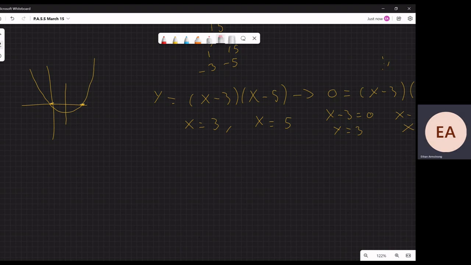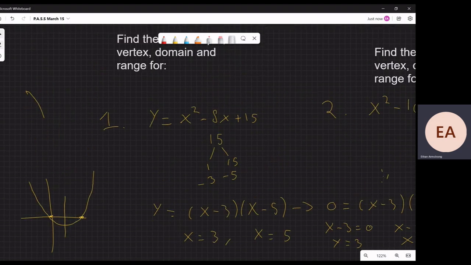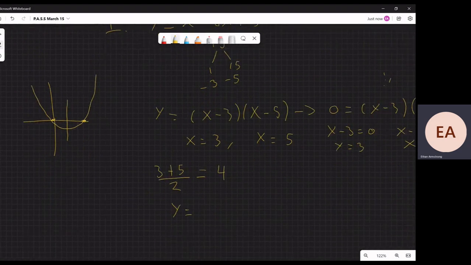So we have 3 plus 5 over 2 equals 8 over 2, which equals 4. And then we're going to sub that back into our original equation. We have y equals x squared minus 8x plus 15.